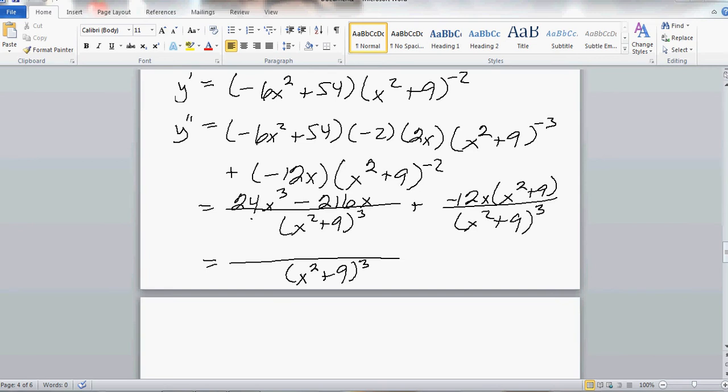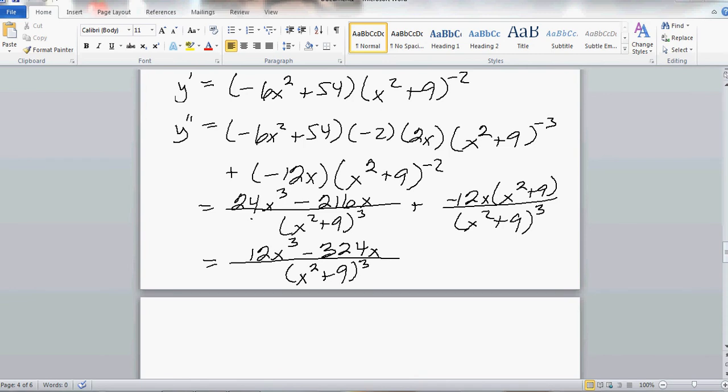This is going to be negative 12x cubed. 24x cubed minus 12x cubed is 12x cubed. And then this becomes negative 108x when I take negative 12x times the 9. So negative 108x, and I had negative 216x, so that would be negative 324x. And so this is y double prime.